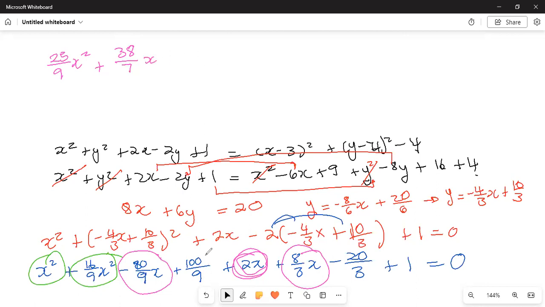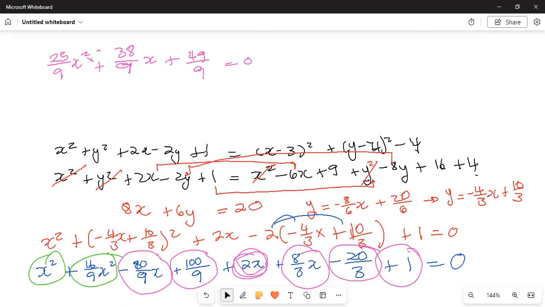And we would then add the constants, which gives us 49 over 9, is equal to 0.